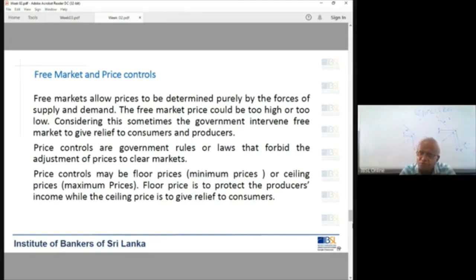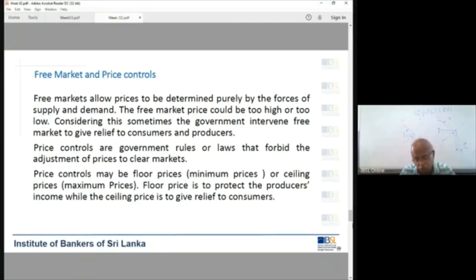Then another type is the minimum price, the minimum wage. In the labor market, there are lots of minimum wages, especially for informal activities: minimum wage for carpenters, for masons, for helpers, right? The labor department, from time to time, issues minimum wages for some employment and occupational categories.